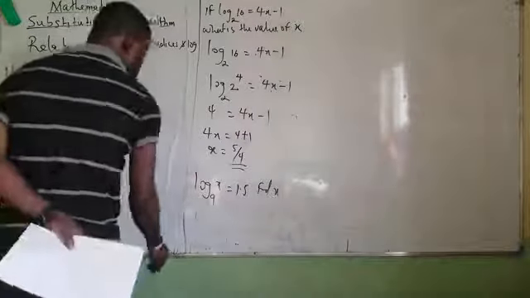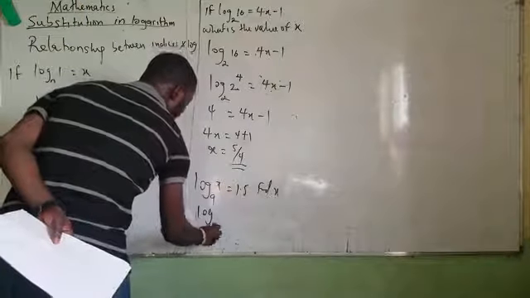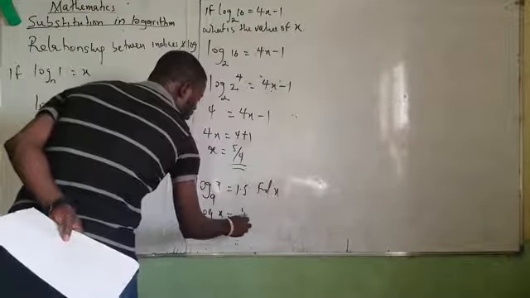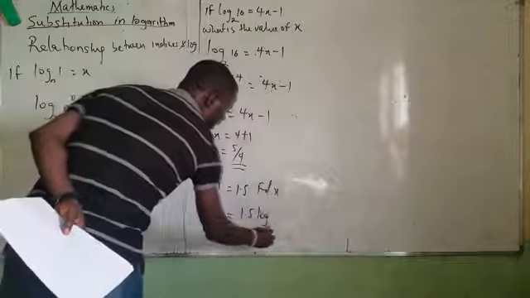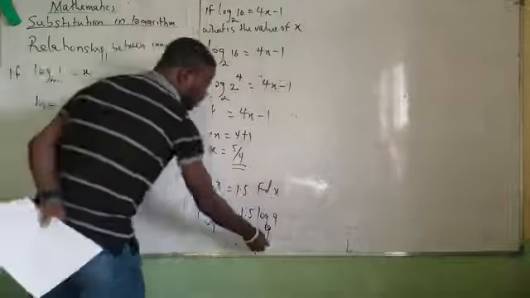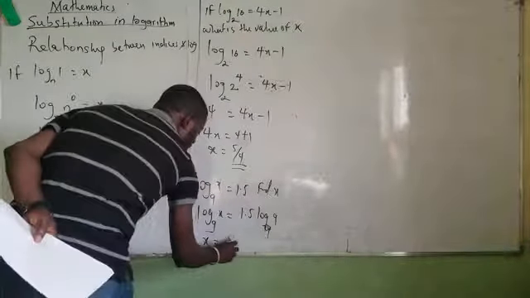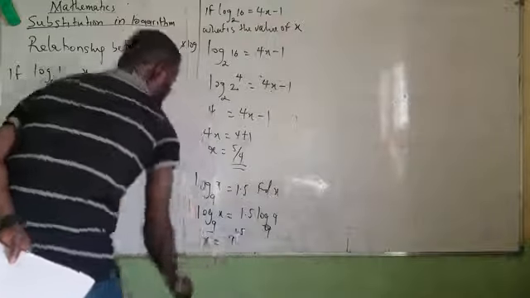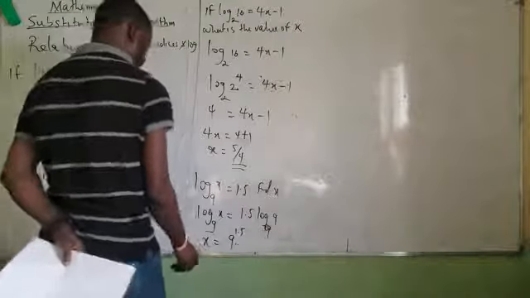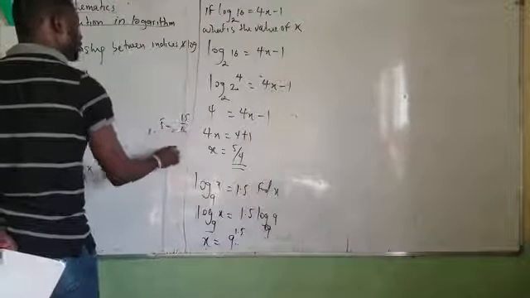I can turn this to log x in base 9 equals 1.5 log 9. Take note of this. Since the bases are equal, because I'm just improvising on 1, it means x equals 9 raised to the power of 1.5. 1.5 can easily be written as 15 over 10, which is going to be what?